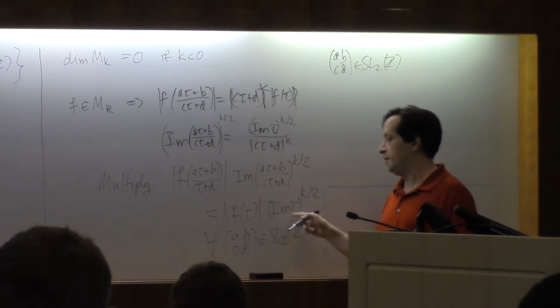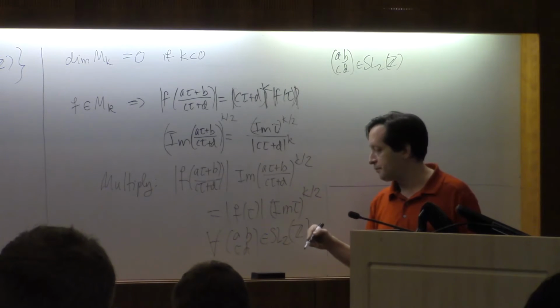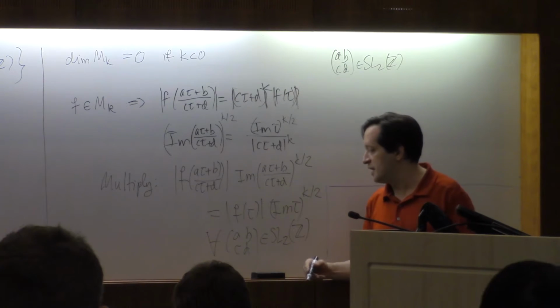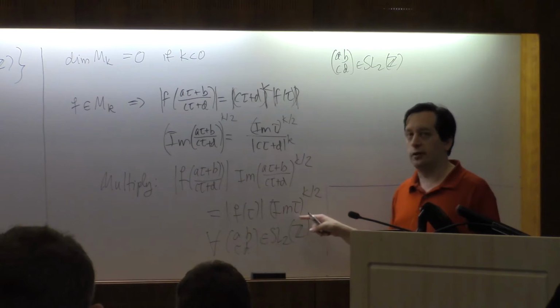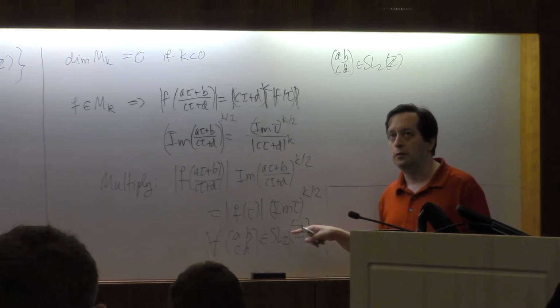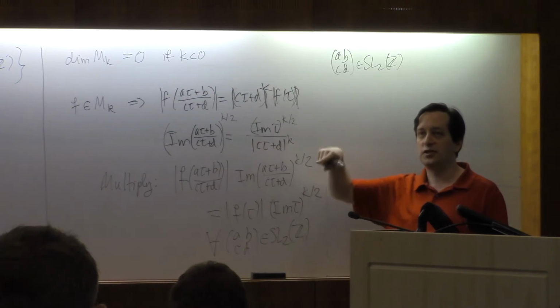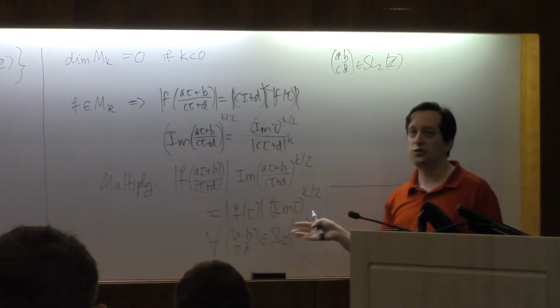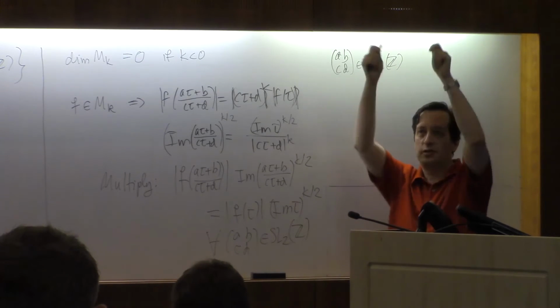So this function, not f, not absolute f, but absolute f times the imaginary part, is SL2Z invariant, which means if you want to study this function and think about the values it could have, they all will arise somewhere in that fundamental domain for SL2Z. Because if the function is SL2Z invariant, every point can be transported in the upper half plane into the fundamental domain for SL2Z.